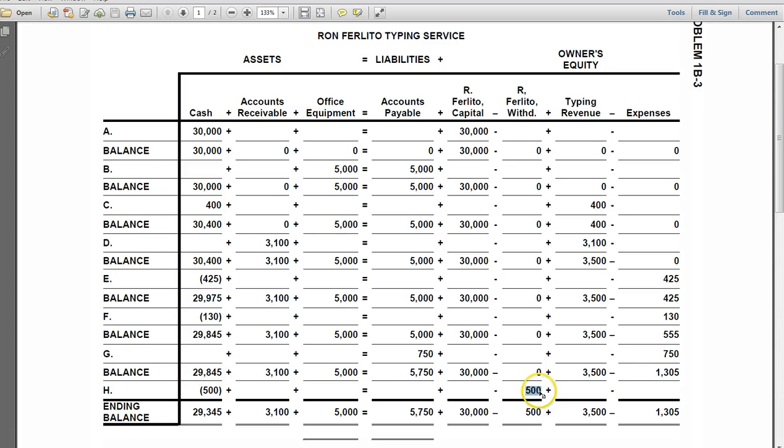He's got to buy his groceries and pay his own personal bills and so on, so that we keep it separate. It's a negative to owner's equity insofar as it drains assets out of the business. So if the assets are going down, something on this side has to go down. As you can see, there's a minus right over here.